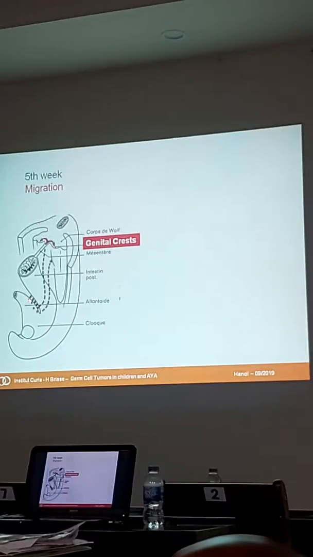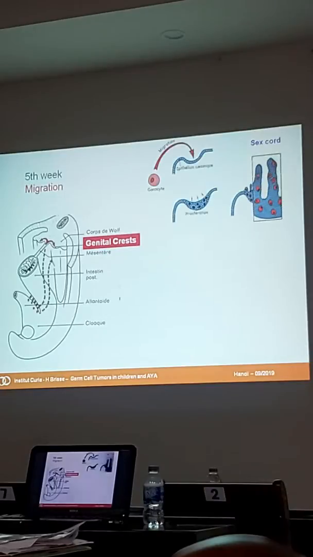Then this germ cell tumor migrates along the primitive intestine, and then along the primitive retroperitoneum until the genital crest, and then they invade the genital crest, and they produce some cords of cells containing germinal cells and supporting cells around. So this is the term sex cords that we find afterwards in the definition of the tumor histology.